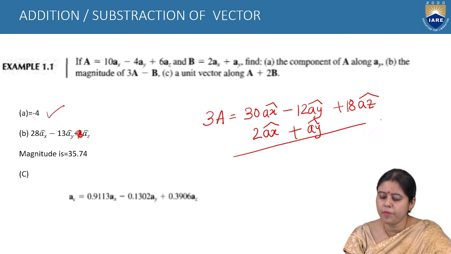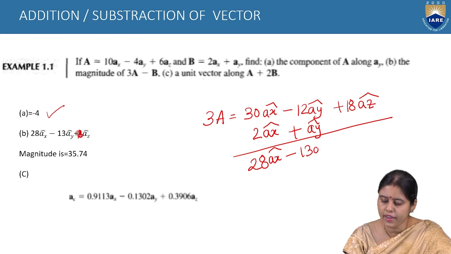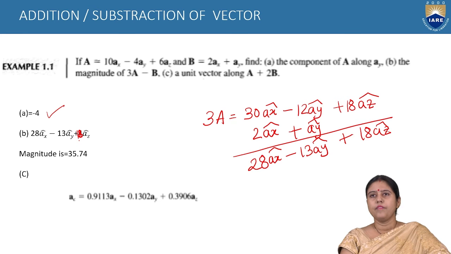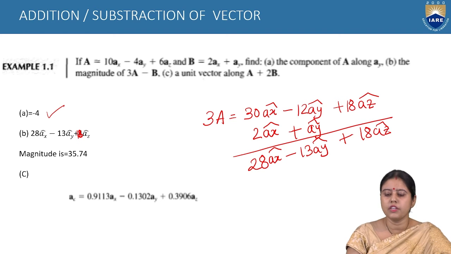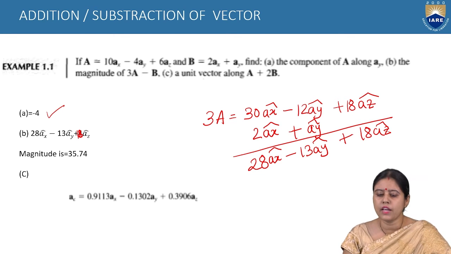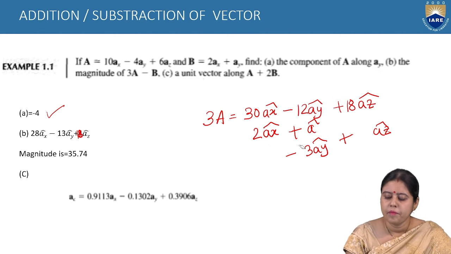So what will be the value if we subtract? 28ax, 12 minus 1 means 13ay plus 18az. 28ax minus 13ay plus 18az. So this is the answer of question B. First we will use the scaling, then we will use the second one.